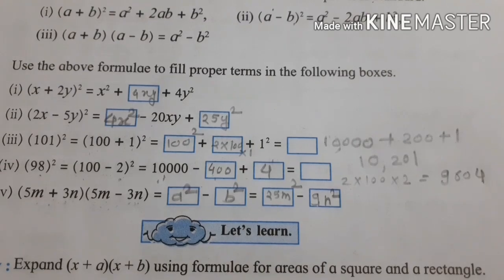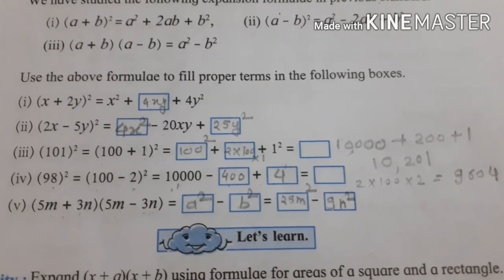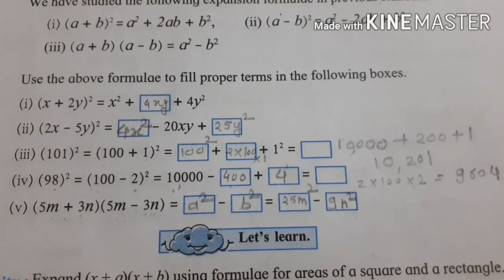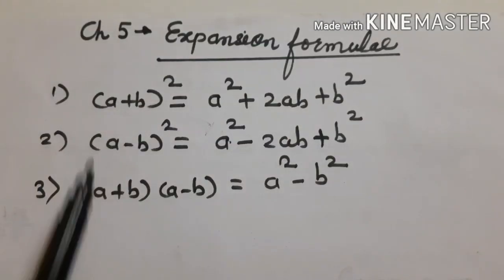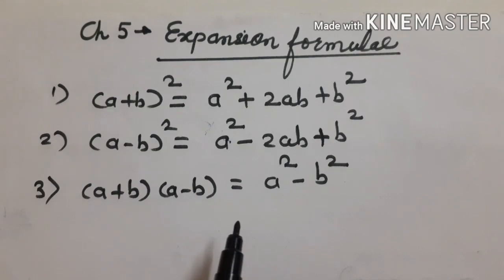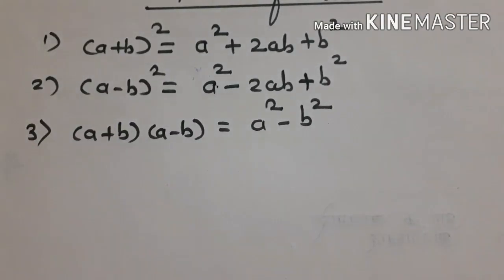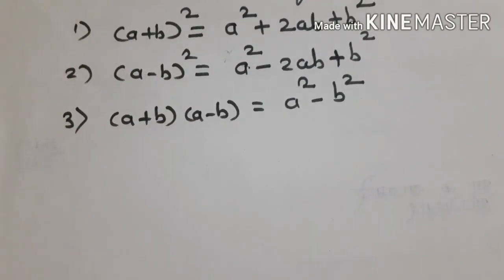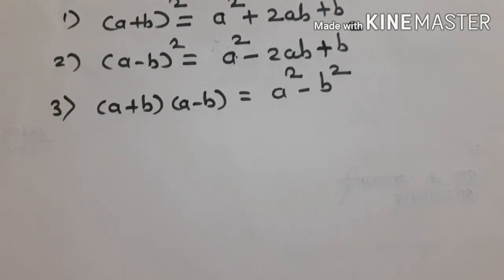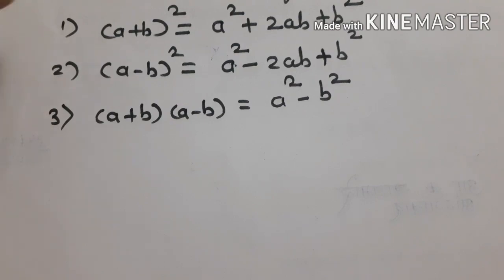Let's recall. This is your last year's formula or expansion: (a plus b) square, (a minus b) square, and (a plus b)(a minus b). Now today we have seen the same expansion, with the second term slightly changed. Here the first and second terms are the same, doesn't it?